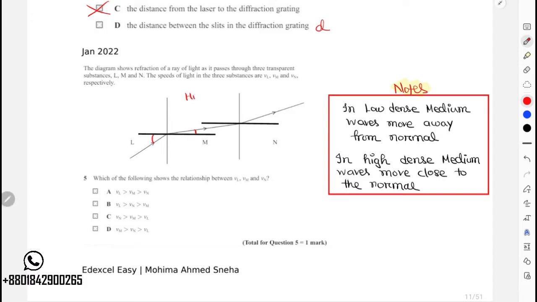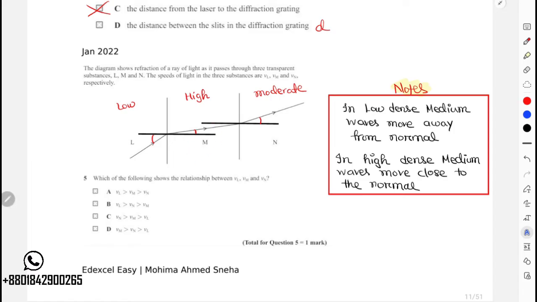In comparison with L and M, N has a smaller angle compared to L. So this is a moderate medium, and this is a low dense medium. Because at L the angle it was creating with the normal was very high, using this angle I can understand that the density for L was lowest, N was moderate, and M was maximum.